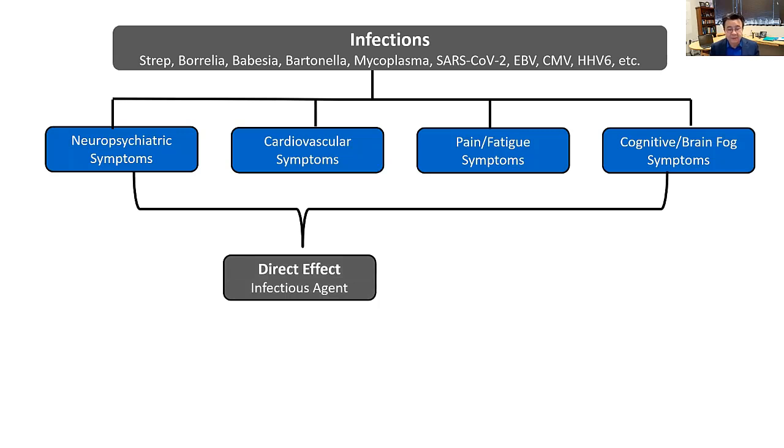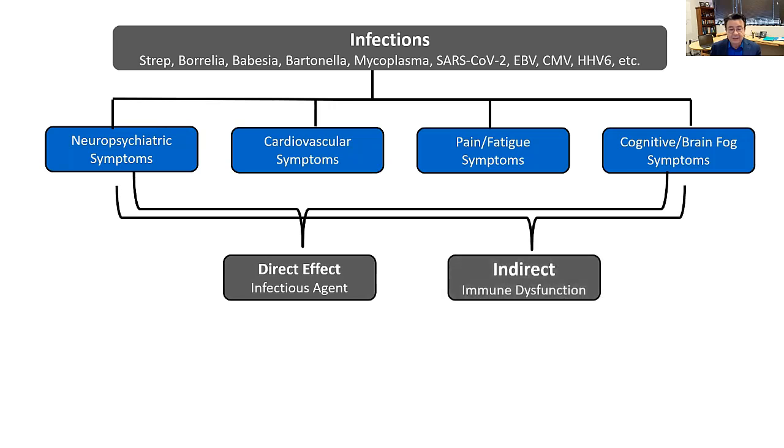When I say direct effect, what I mean is the infectious agent is actually the causative agent and is actually impacting these different parts of the body, and they are actually the cause, and the treatment is eradicating these infections.